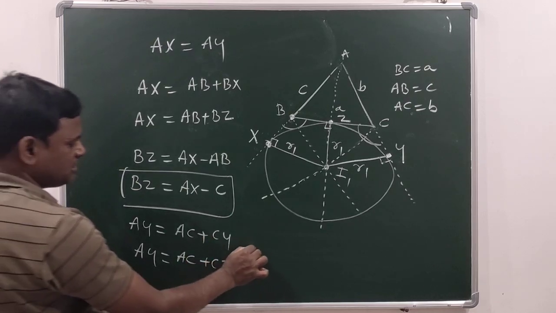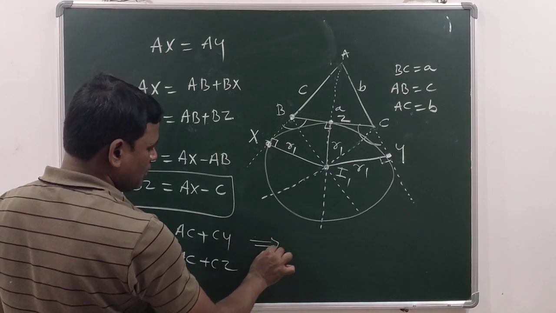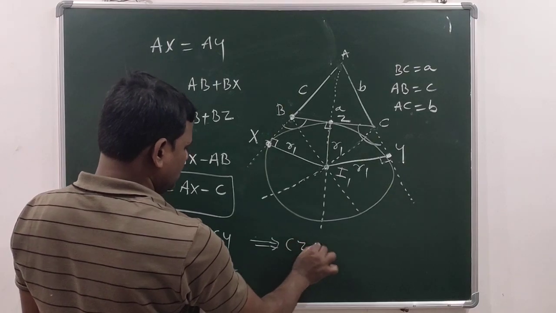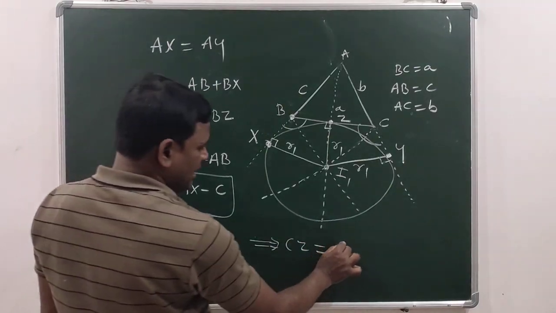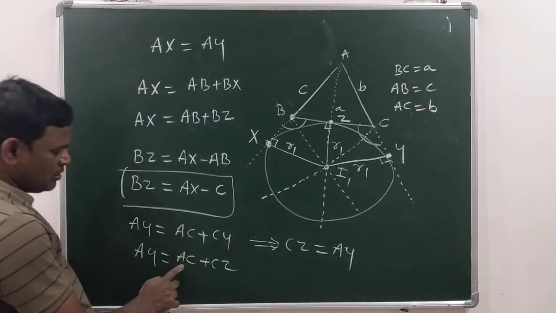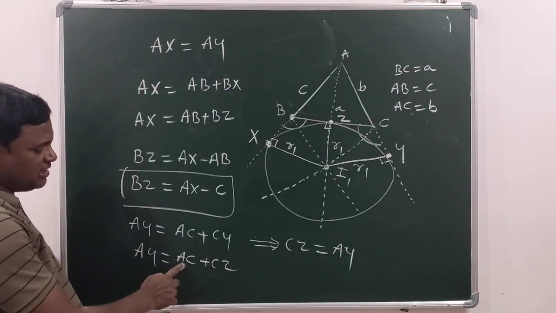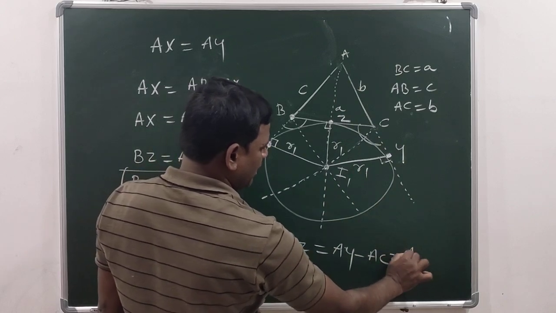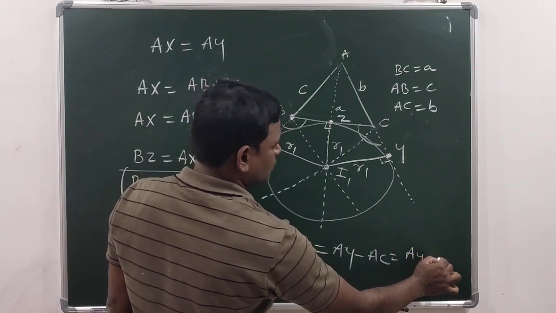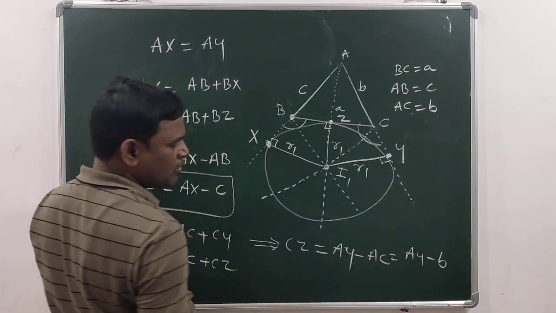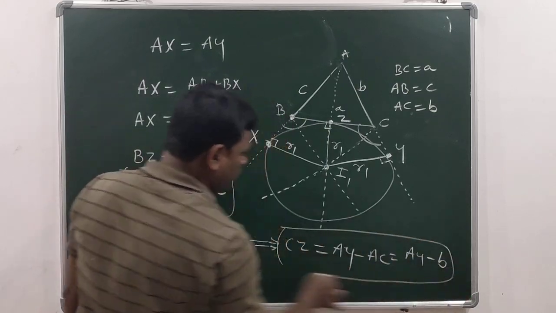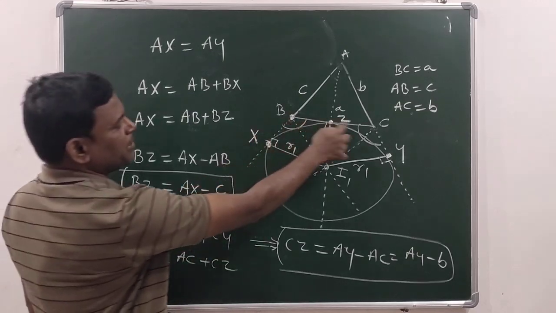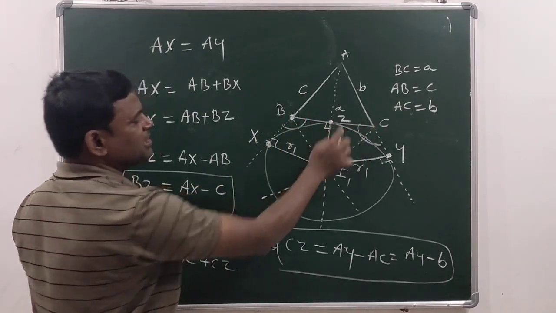Now make CZ the subject: CZ is equal to AY minus AC. AC is nothing but small b, so CZ equals AY minus b. Now add both of them, BZ plus CZ. On adding BZ plus CZ, what do we get?